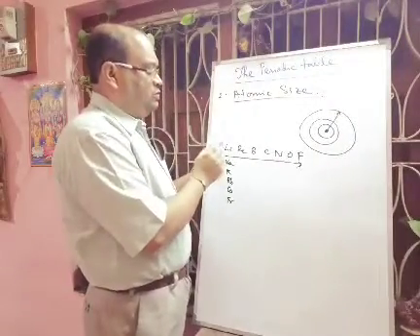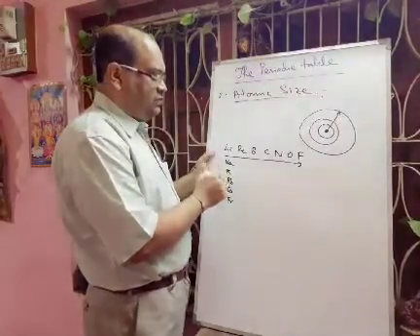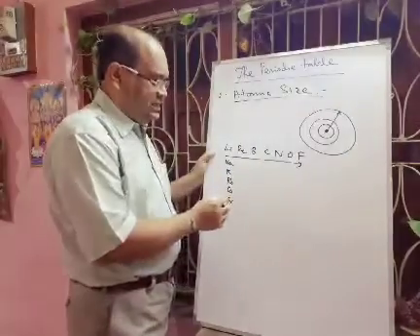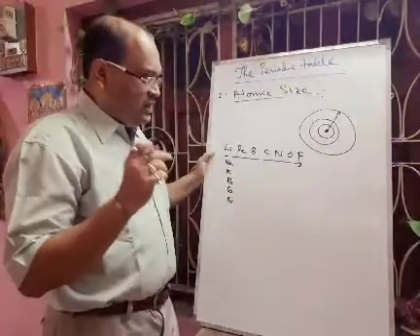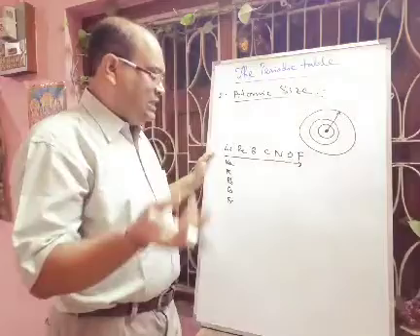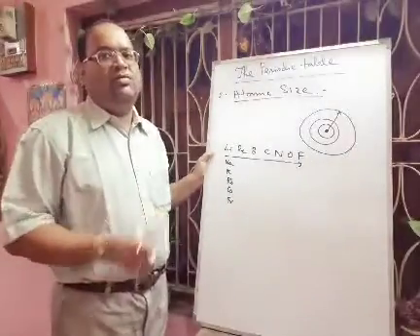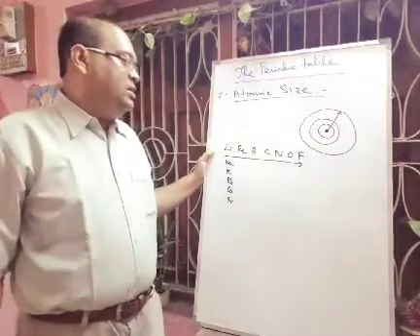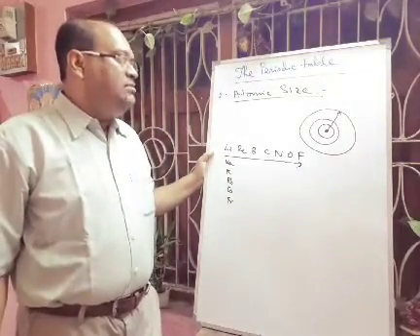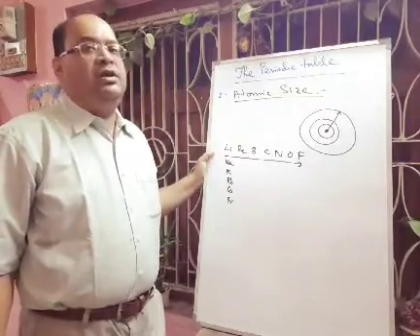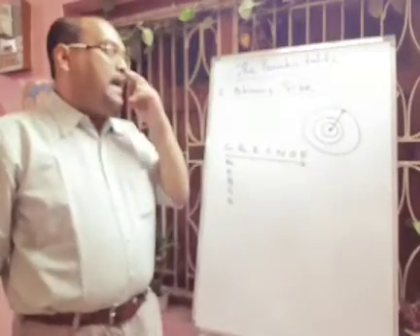In lithium 2 shells, sodium 3 shells, potassium 4 shells. So the number of shells is increasing, the distance from the nucleus to the outermost shell is increasing, and definitely the atomic size will increase. Hope you can understand what I am telling. This is the minimum you have to read, whatever we are discussing.